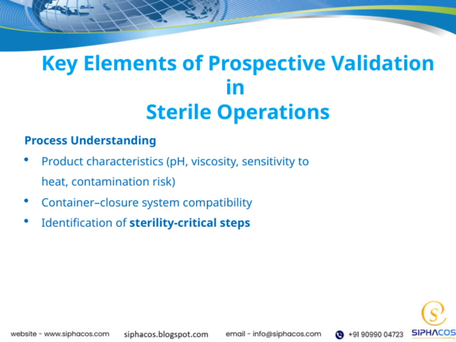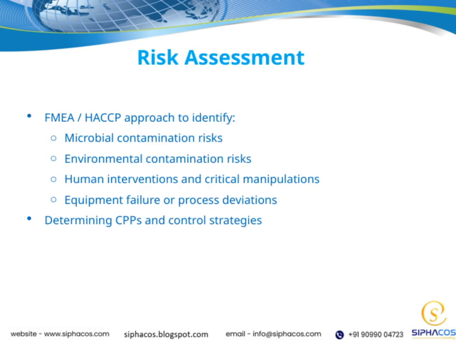Now, let's dive into how we use FMEA and HACCP approaches to identify potential risks in our processes. First, we look at microbial contamination risks, which are critical because they can directly impact product safety. Then, we examine environmental contamination risks, such as cross-contact or environmental sources that could introduce hazards.